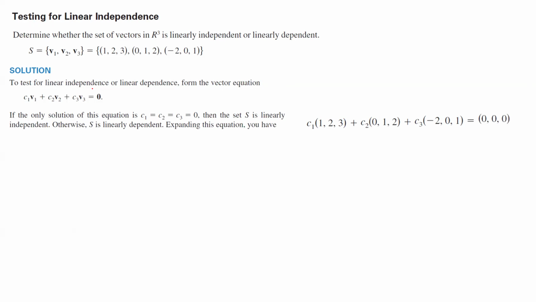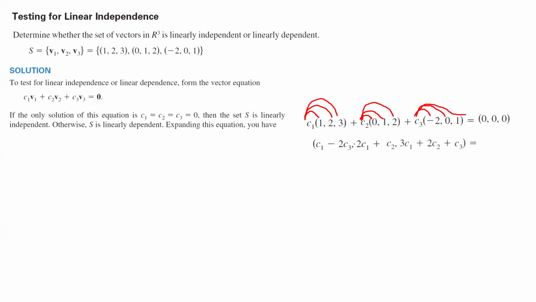So you end up with (0, 0, 0). Now you distribute C1 into the parentheses, multiply C2 by each component, multiply C3 by each component, and then combine them together.